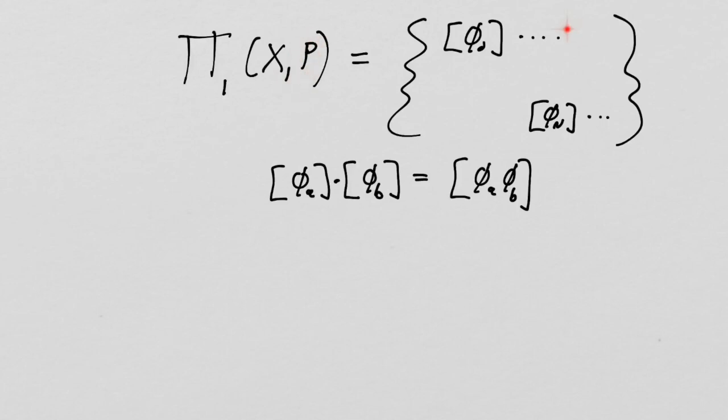I can create the set of all the homotopically equivalent loops, and then I define the group operation as the equivalence class of homotopically equivalent loops operating on another equivalence class of homotopically equivalent loops will give me the equivalence class of the concatenated paths of any two elements of either of these two sets. So that's the group operation.